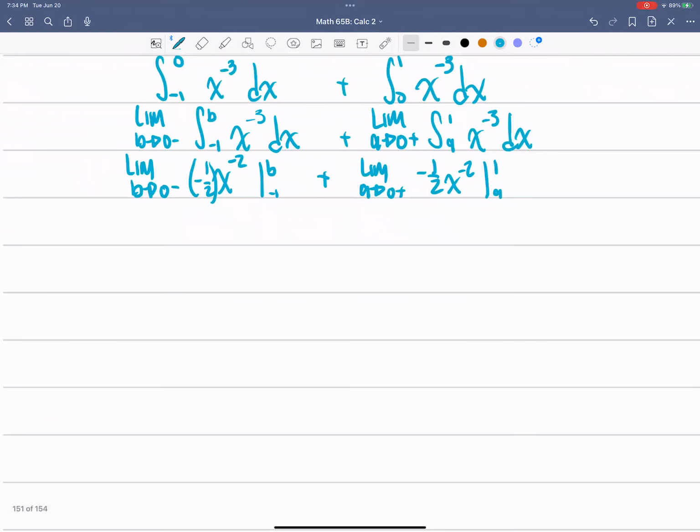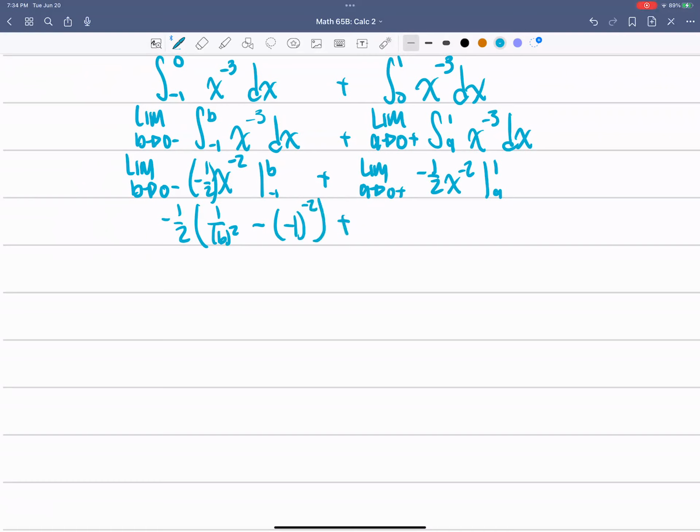And now let's start. So we have -1 over 2, and we have 1 over b squared, minus -1 to the -2.